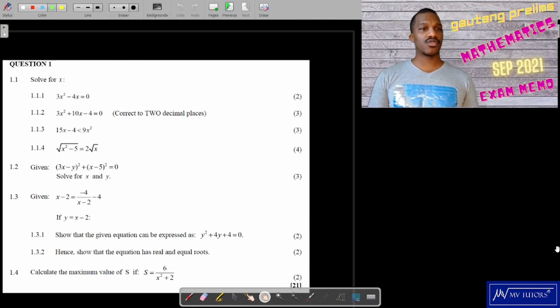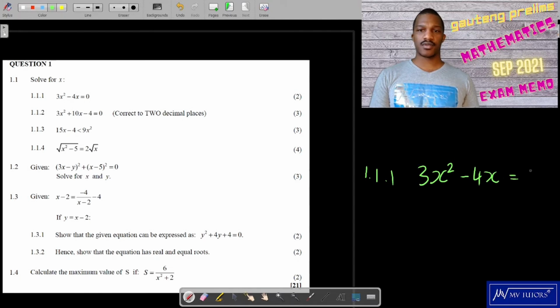So it says solve for x. Okay, we can do that, no problem. This is 1.1.1, and we have 3x squared minus 4x equals 0. This one is much simpler. We just look at what's common between the two, which is x, so take it out and you're left with x times (3x minus 4).